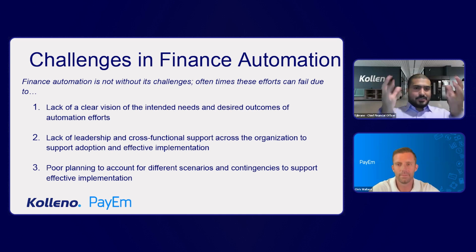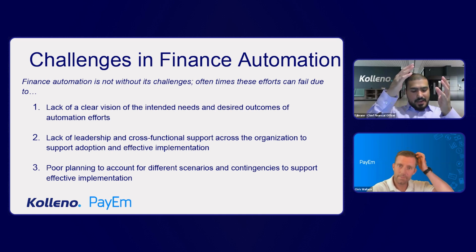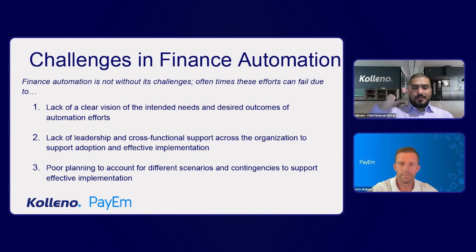So get your leadership galvanized, but also everyone within the team, all the way down to frontline workers, vertically and horizontally, who are going to be impacted, so that you can improve your chances of success, enhance adoption, and get the good input you're going to need to make it most successful.